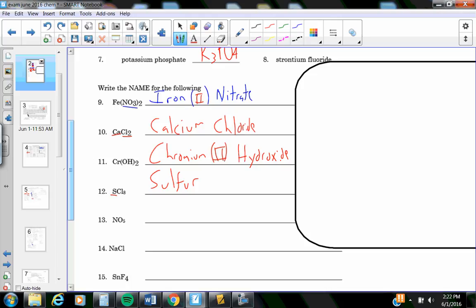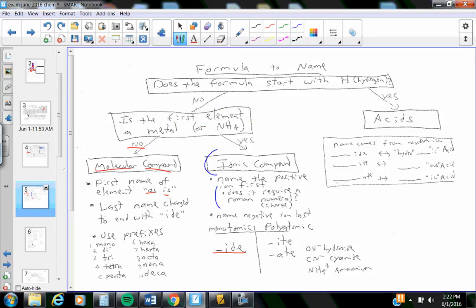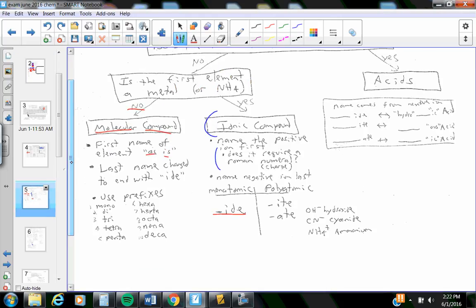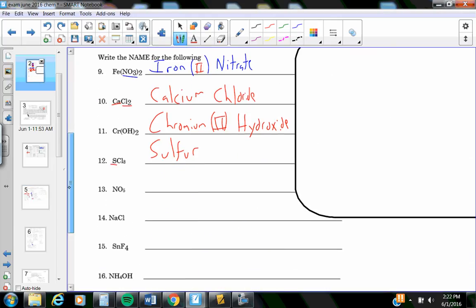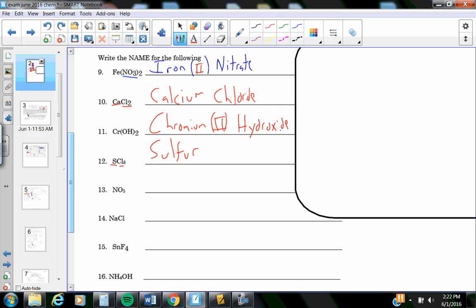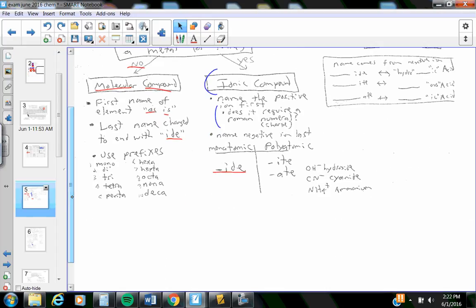Check the rules to find out what about the last name. The last name, whatever that element is, changed so that it ends with "-ide". So I'm going to take what I'd find as Cl as chlorine would become chloride. There was another note on these little things that says you have to use prefixes to tell how many.